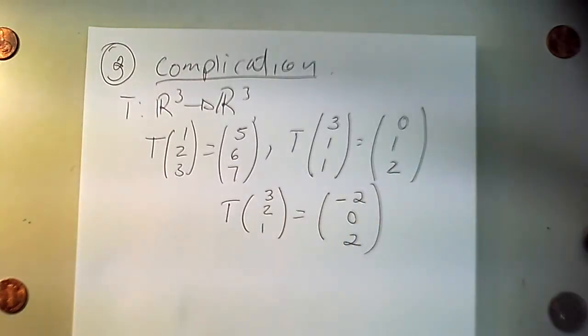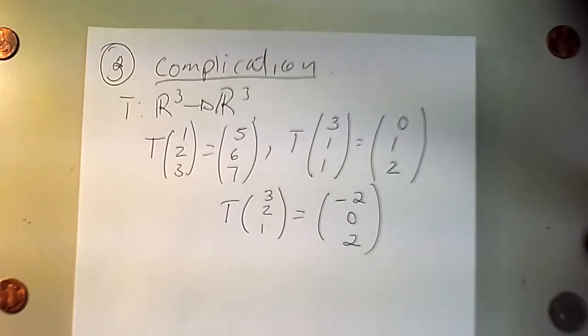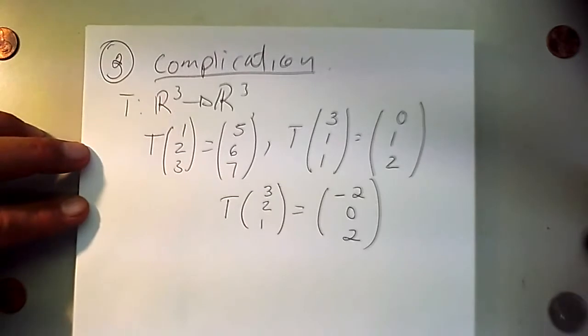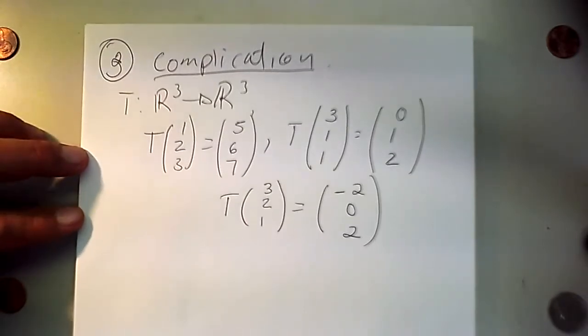Whoa. So what is the matrix? I don't know the answer. That gets really, really complicated. Now we're still using the standard basis, X, Y, Z as normal. So what is the matrix corresponding to this? Wow.